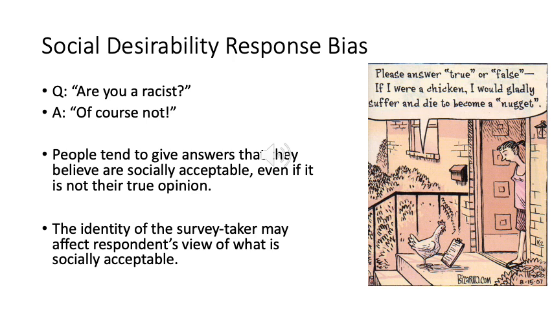The social desirability response bias is particularly important and relevant when it comes to politically controversial questions. If you ask people, are you a racist? Almost everyone is going to say no. Partially that's because they don't think of themselves as racist, because racism has such a negative connotation.